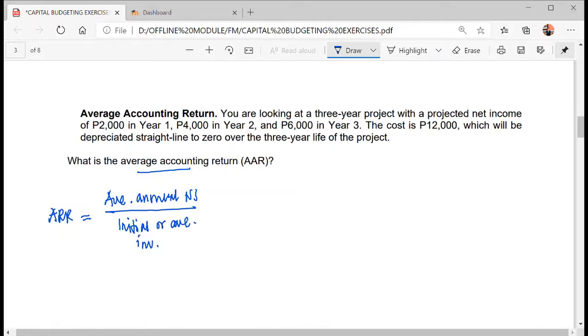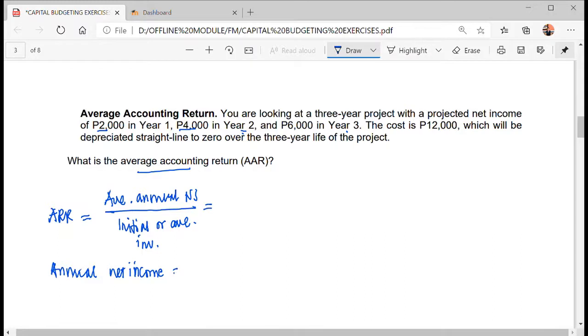So, how do we get the average annual net income? You have here the net income of 2,000 for year 1, 4,000 for year 2, and 6,000 for year 3. Since we need the average net income, we need to average the 3 years.